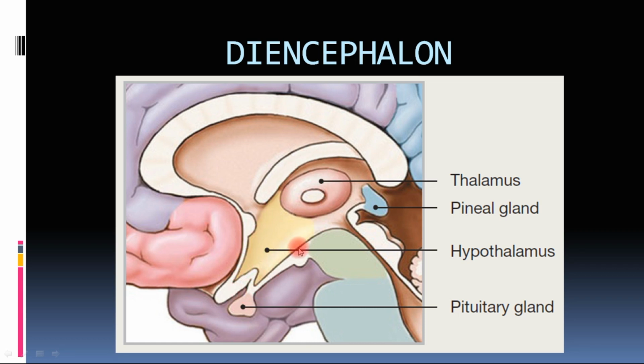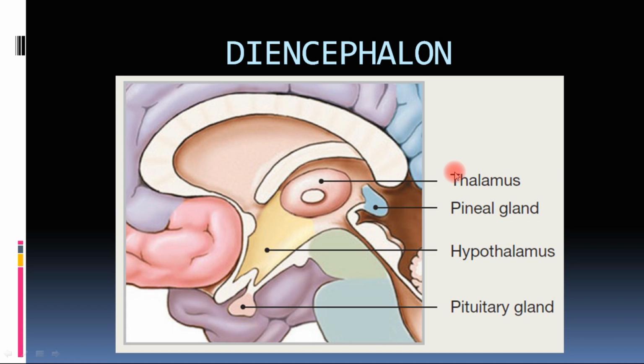All these structures together form the diencephalon, and this diencephalon along with the cerebral cortex makes the forebrain. So the thalamus, the pineal gland, hypothalamus and pituitary gland are the diencephalon, and this here is the thalamus.